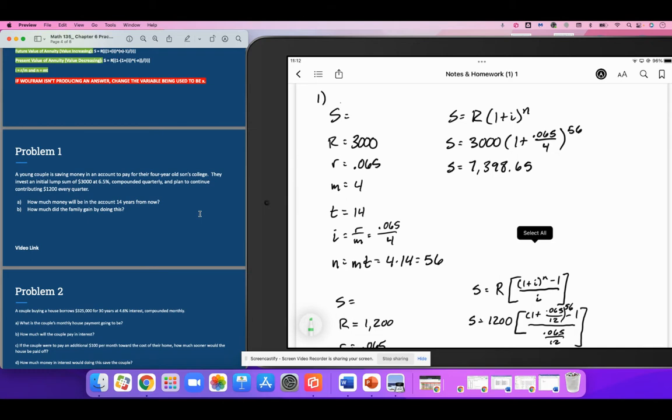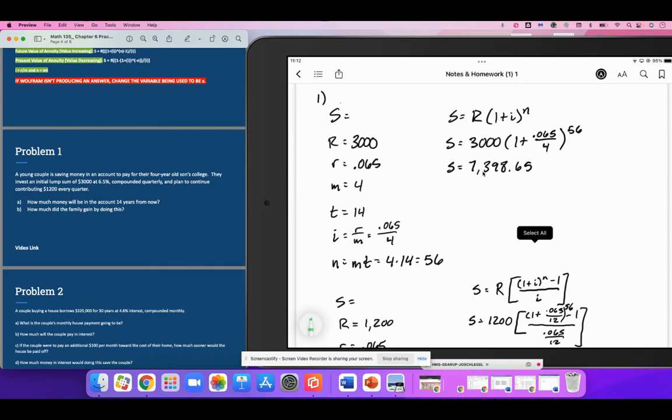And so we need 2 separate equations because this $3,000 lump sum is going to grow by compound interest. And this $1,200, because it's repeated payments, is going to behave like an annuity. And so we're starting with the $3,000 with compound interest over here.